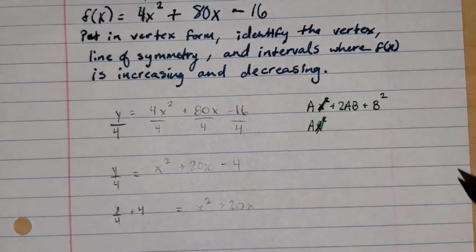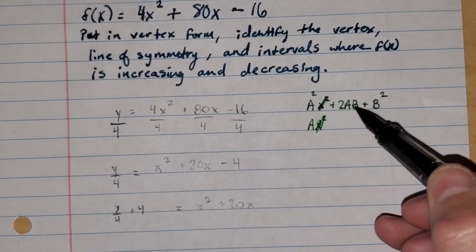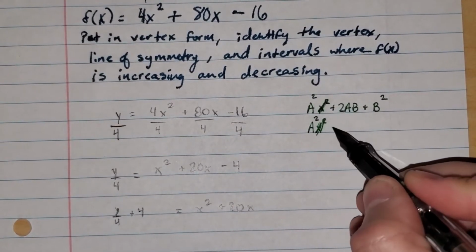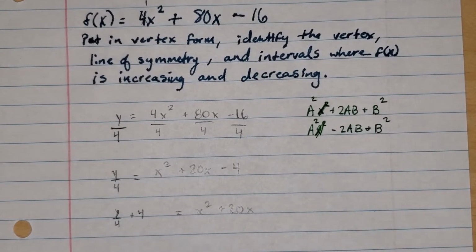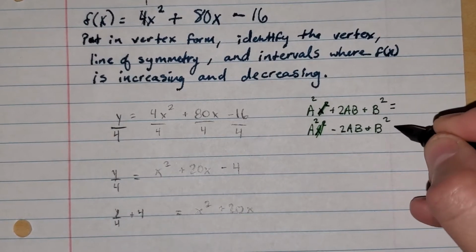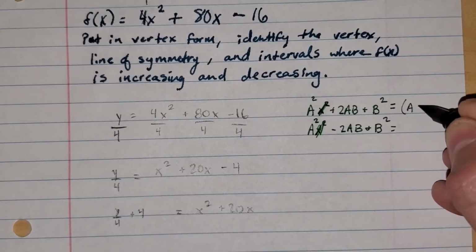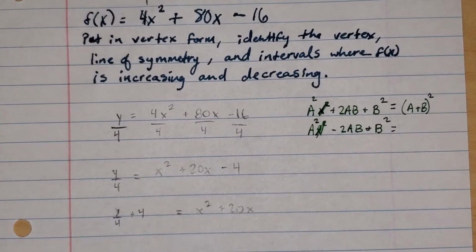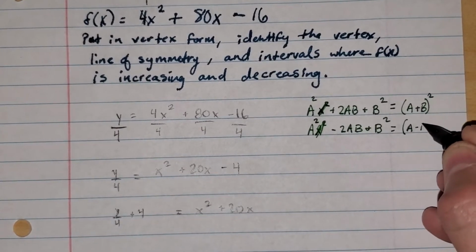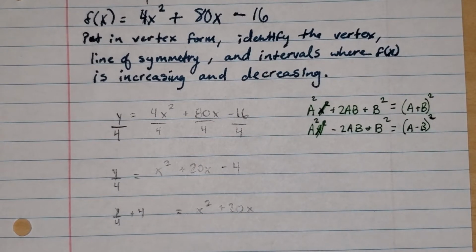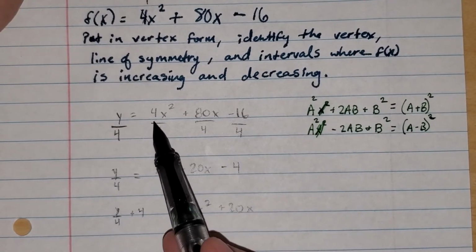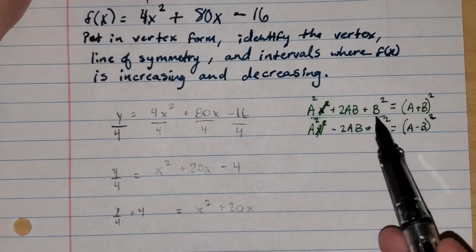I don't know why I'm putting the x squared in there. It's a squared plus 2ab plus b squared, and a squared minus 2ab plus b squared. Okay? These are called perfect square trinomials, and they factor into a plus b quantity squared and a minus b quantity squared. Okay? When we complete the square, we're actually trying to turn a polynomial into one of these.